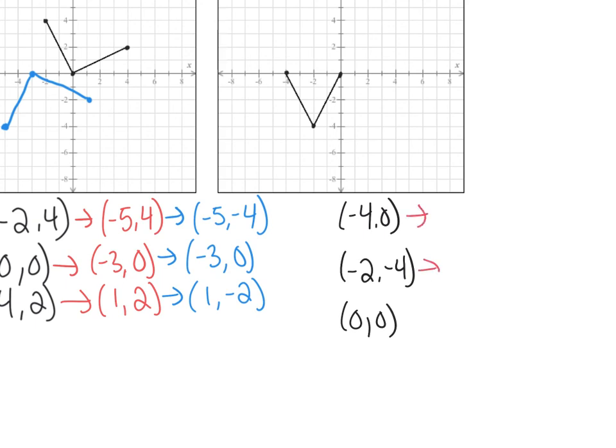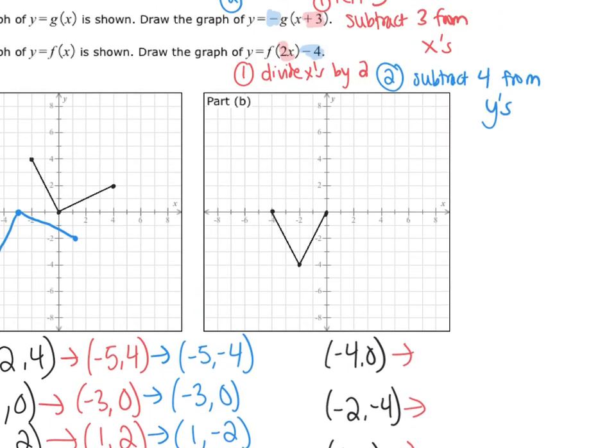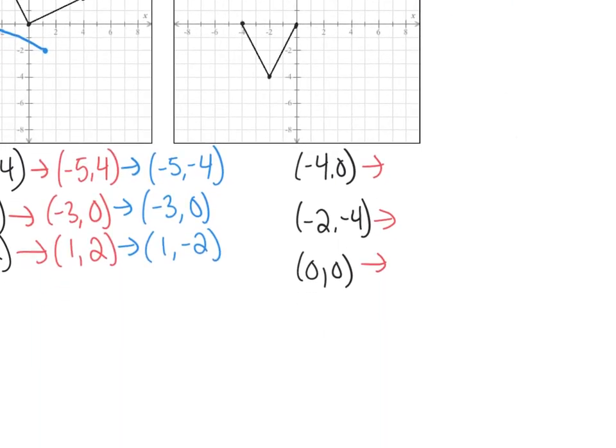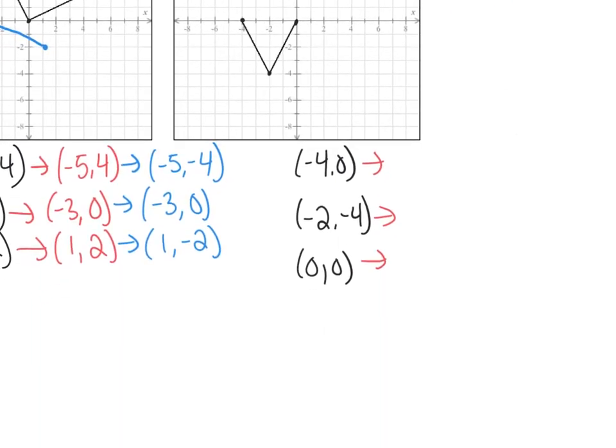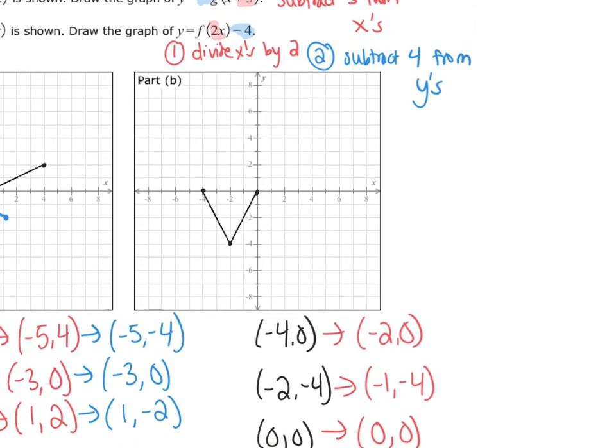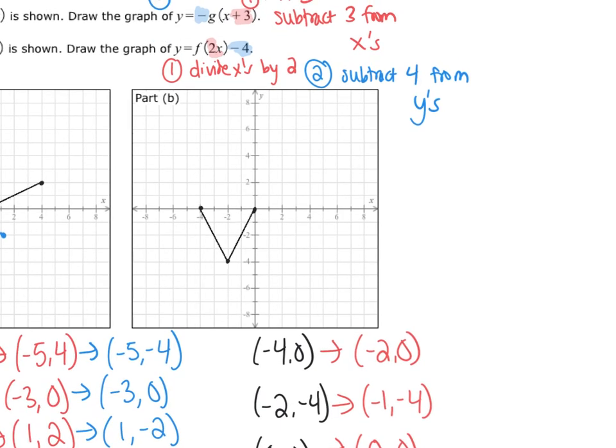So the first transformation was to divide the x's by 2. So I'm going to take all of my x's, divide by 2. So -4 divided by 2 is -2, 0. -2 divided by 2 is -1, -4. And 0 divided by 2 is just 0. So 0, 0.